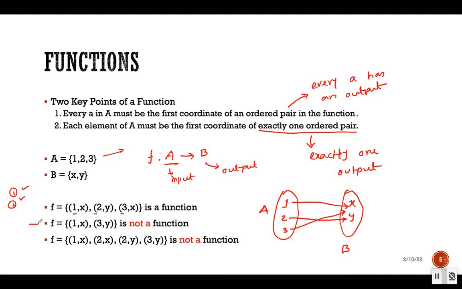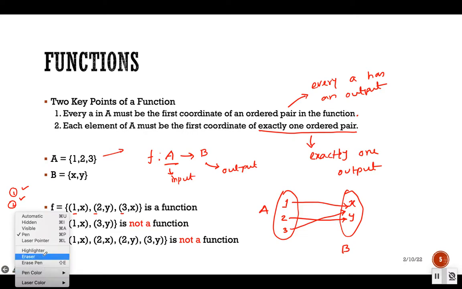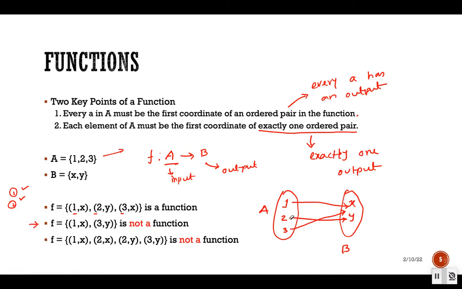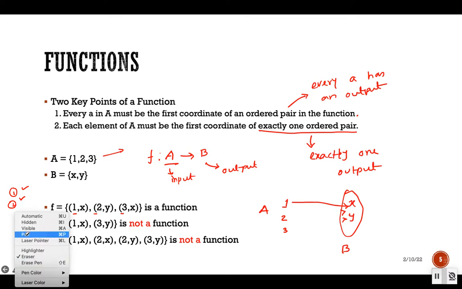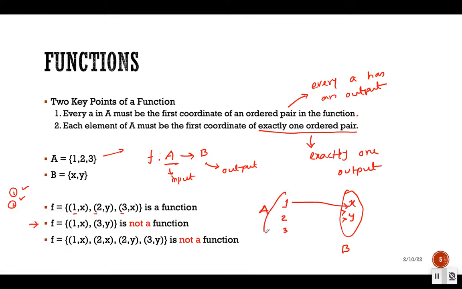What about the second one? So that's my X, that's my A. From the second example, I can see that I have a mapping from 1 to x and a mapping from 3 to y, but 2 is not present there.